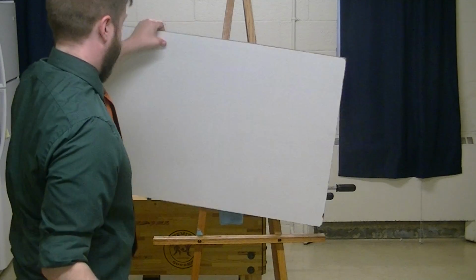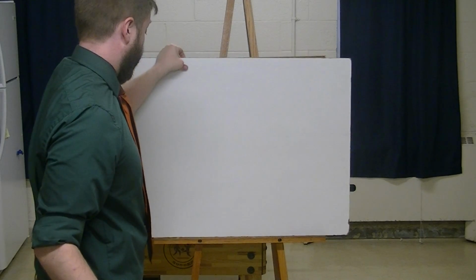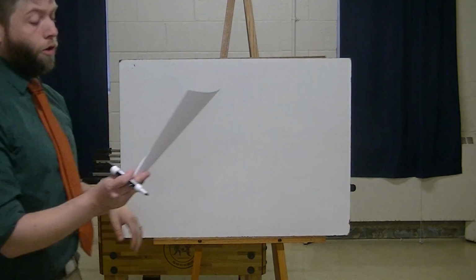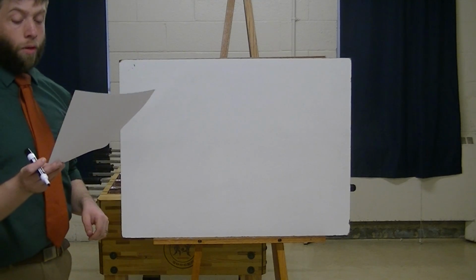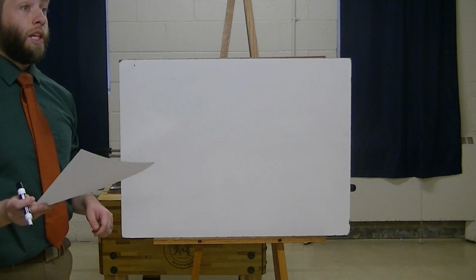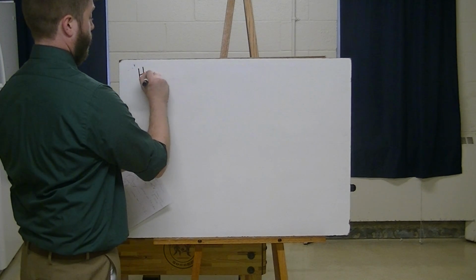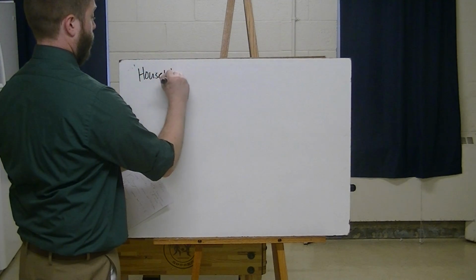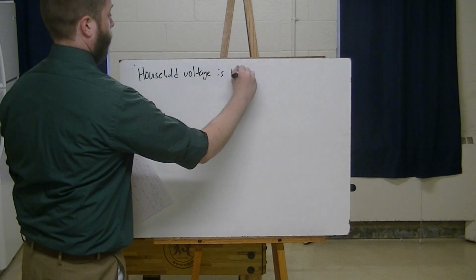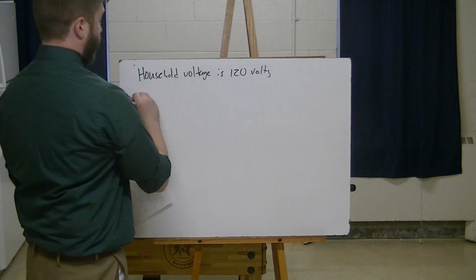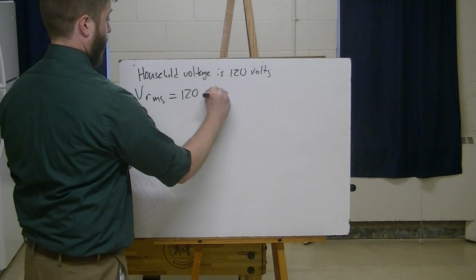Okay. Now the question is, what exactly does that stuff do? When they tell you that your household voltage is 120 volts, what they are referring to is the RMS. So household voltage of 120 volts is V RMS.